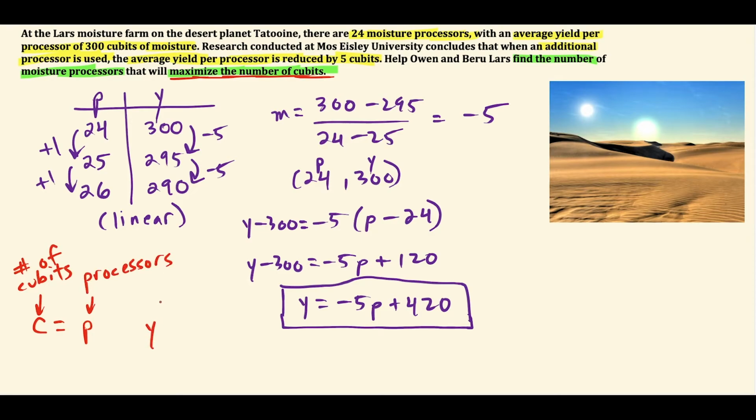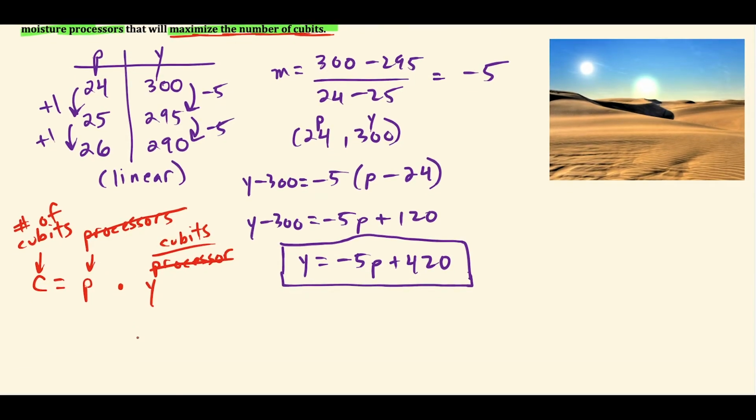And Y represents the average yield per processor. So this is essentially going to tell us cubits of moisture per processor. So you could see the reason why we're multiplying these two together is because when I multiply processors by cubits per processor, these units cancel out and I just have the number of cubits and I have cubits on the right. So that's why this equation makes sense.